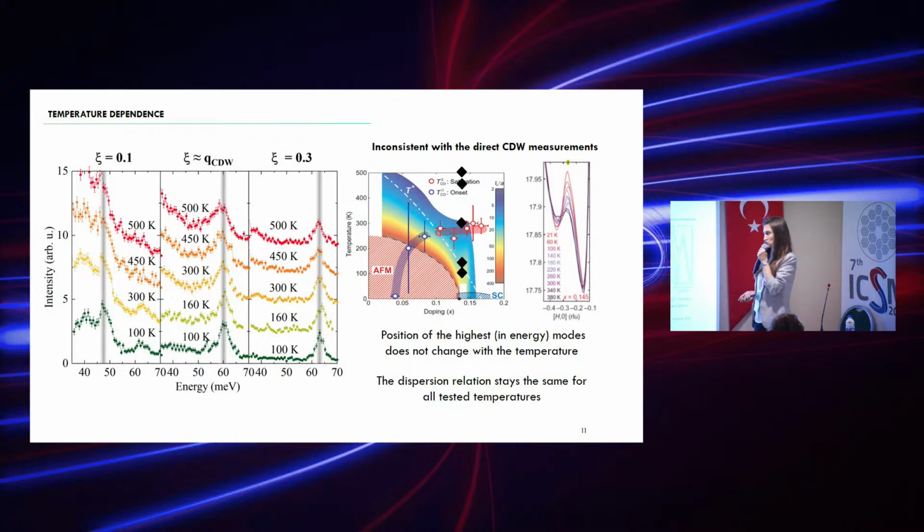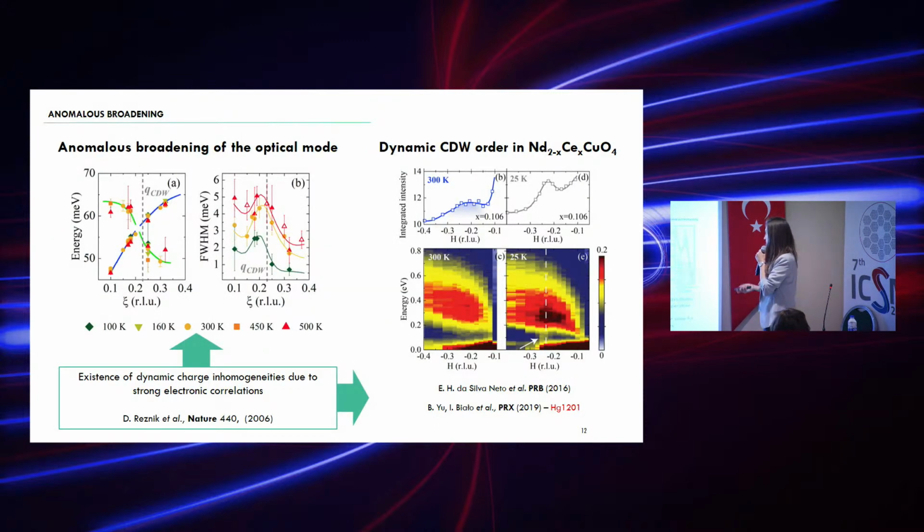The only thing that is changing is the contribution from elastic lines, so the whole spectrum is going up here. But again, we don't see any influence of temperature on the dispersion relation, while the charge density wave is clearly a temperature-dependent phenomenon. So, again, charge density wave doesn't change the phonon dispersion that we probed.